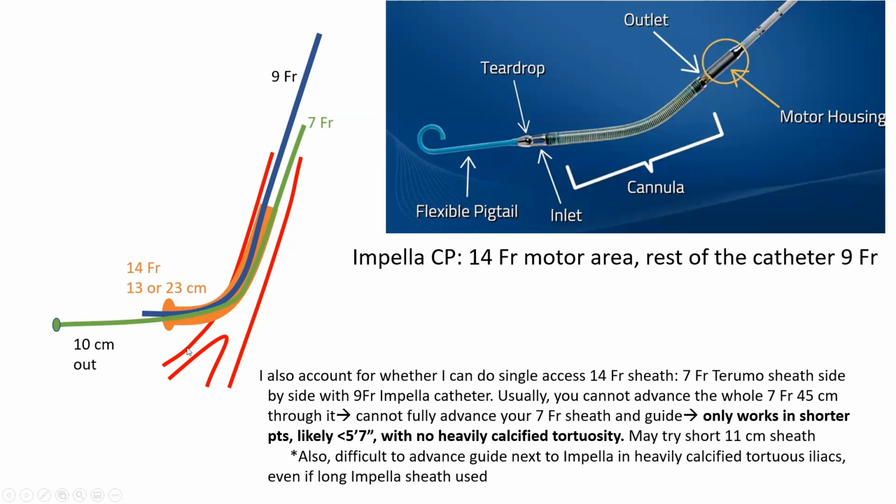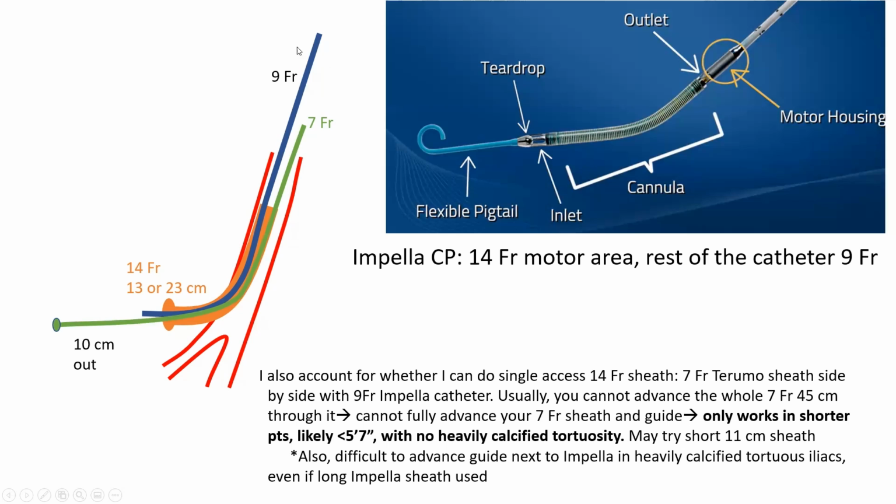Another thing is, regardless of height, if you have a lot of aortoiliac tortuosity, then it's hard to seat those 2 catheters side by side in the aortoiliac and navigate the aortoiliac with both catheters, whether you're using a long Impella sheath or you're using the short Impella sheath. So consider those 2. You can usually put single axis in patients who are usually less than 5'7" or so, with no heavily calcified aortoiliac tortuosity.